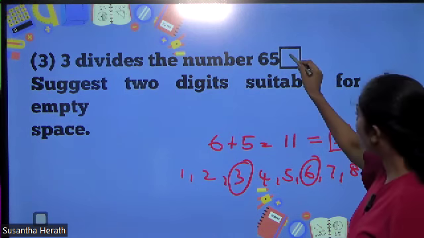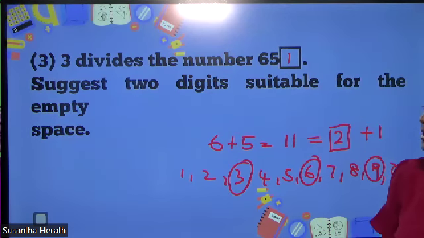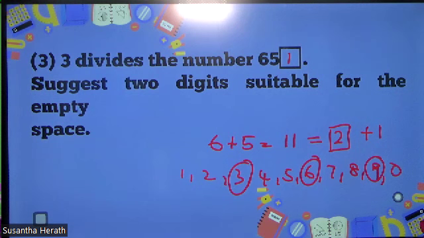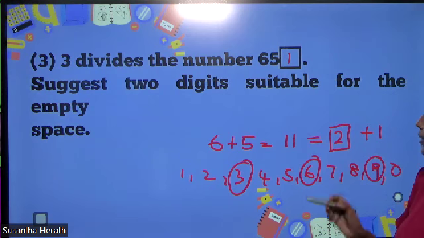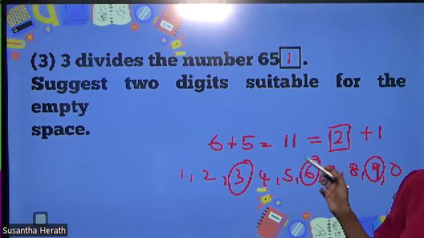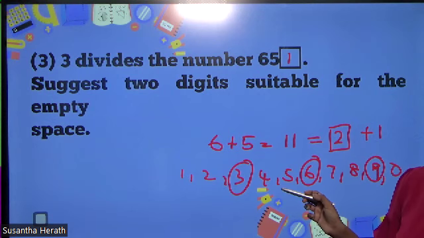If I put 1 here, now check 6 plus 5 plus 1. Answer is 12. Then 12 means 1 plus 2. Digital root is 3. Then that number is divisible by 3. Is that okay? Yes, teacher.